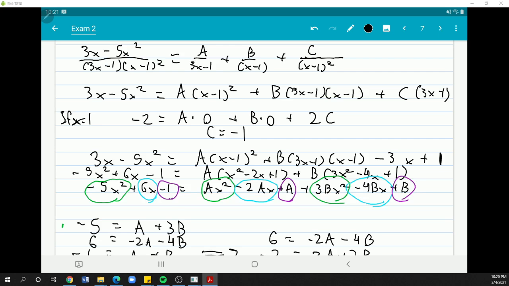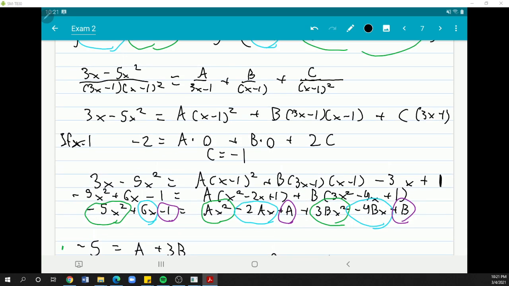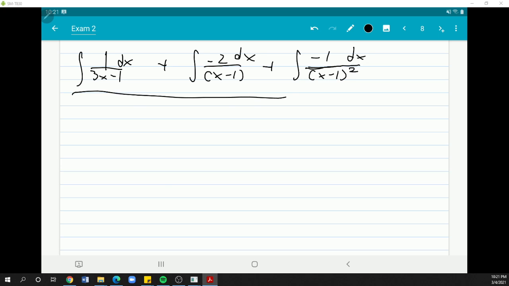B was minus 2 over x minus 1. So plus integral minus 2 over x minus 1, and then plus c was minus 1, so integral minus 1 over x minus 1 squared, and then dx's. So these two are easy.